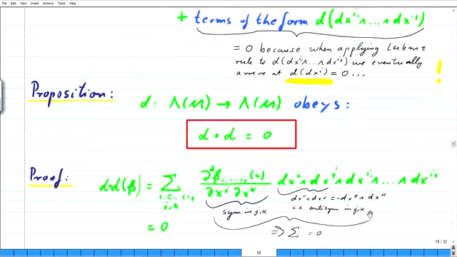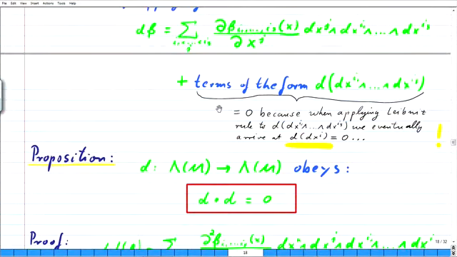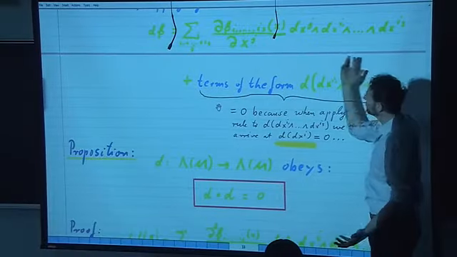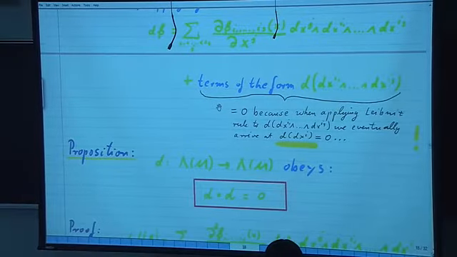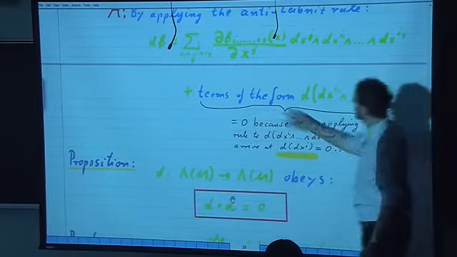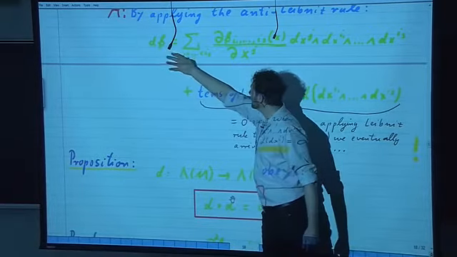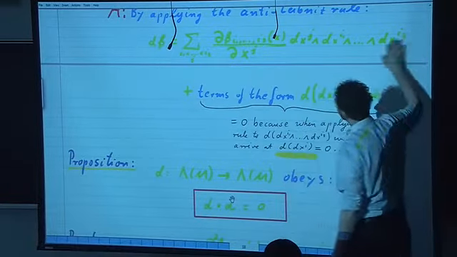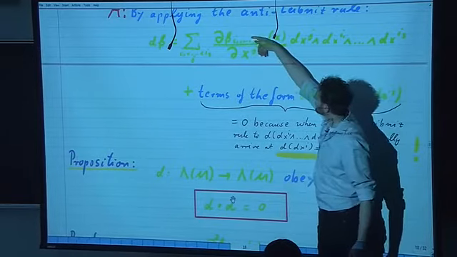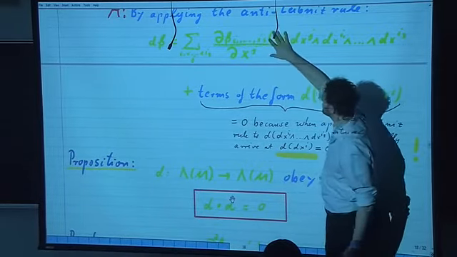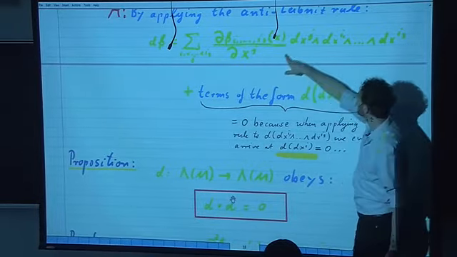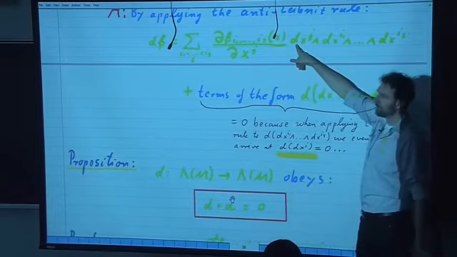So we apply d again on the outcome of our calculation. The outcome of our calculation was that d beta is this. And now we apply d again. Remember what we have to do? When we apply d to this differential form, we have to calculate the partial derivatives of the coefficient function with respect to the xj, and then put a dx here again with the wedges.